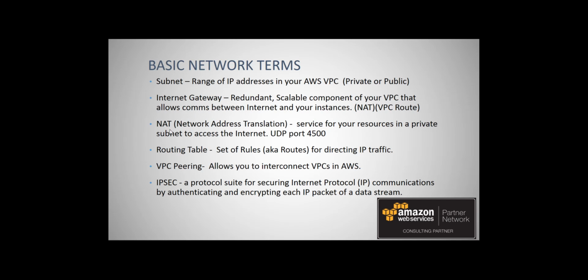And just to define NAT, because this is a term people may or may not be familiar with, it is a way for you to provision your network addresses so that you define a private subnet, and that private subnet can access the internet. That is typically done with port 4500, in case anybody is wondering.